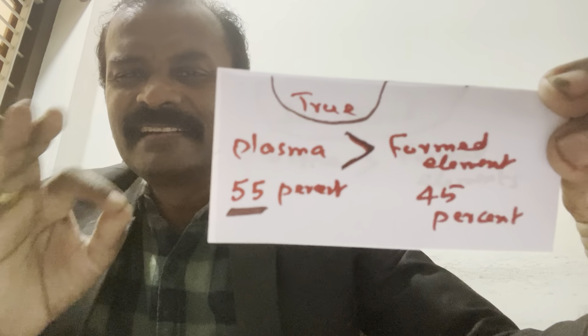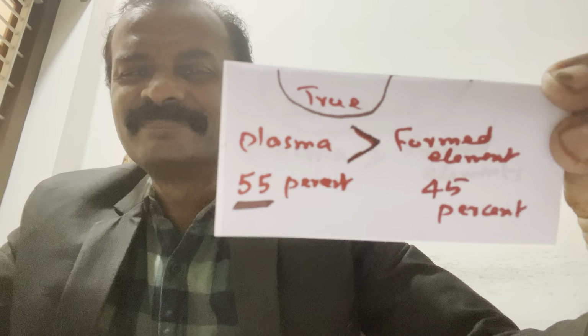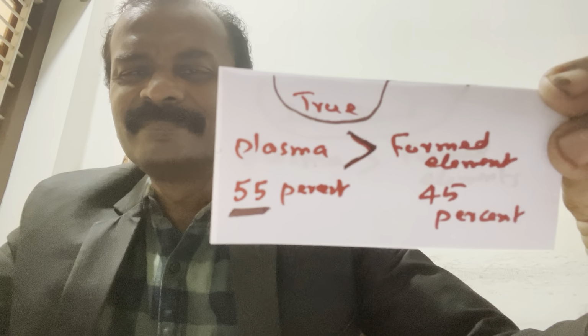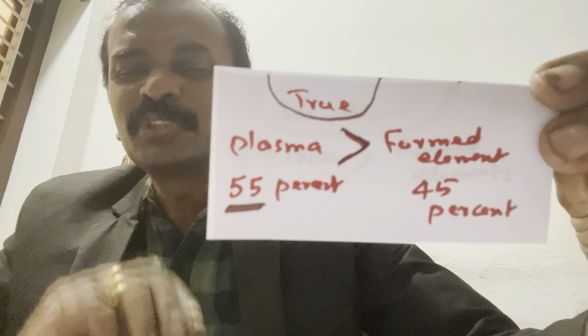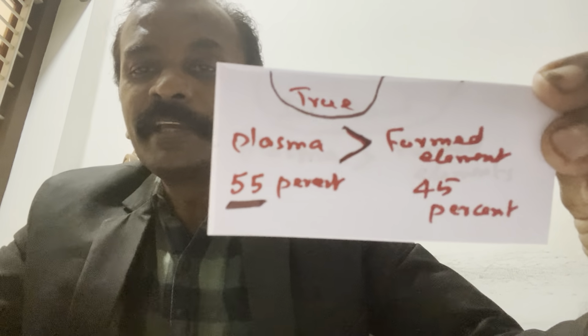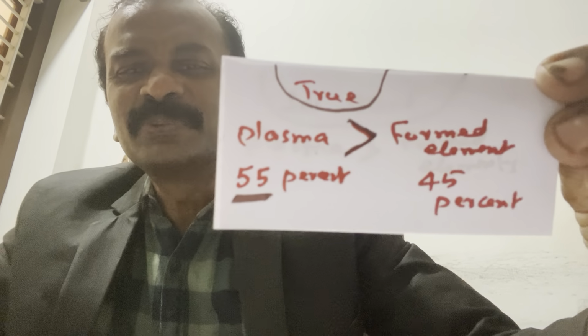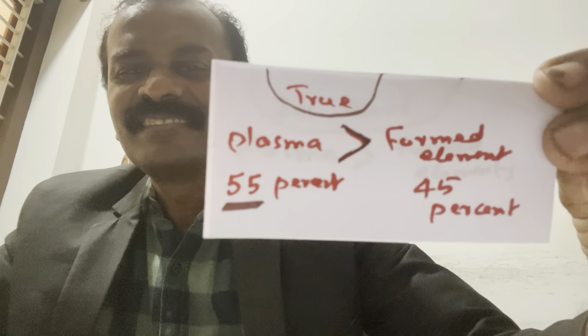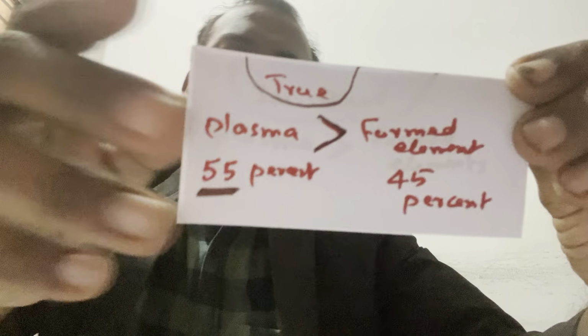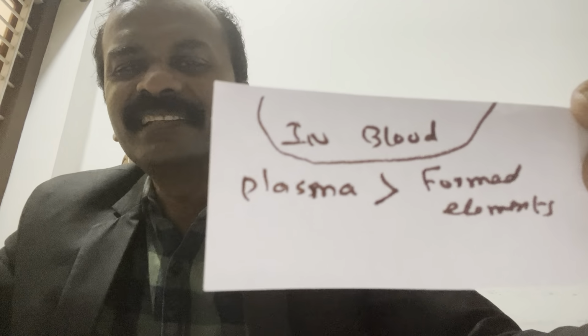Made it very clear. In one chart, you can expect 5 MCQs. And if you know this point, you can answer some other tough MCQ. Yes. So it is a true statement.